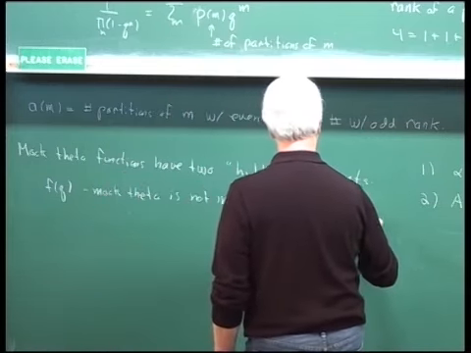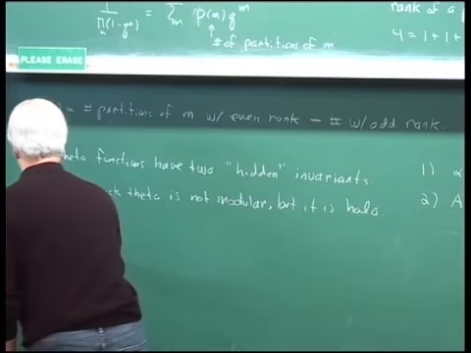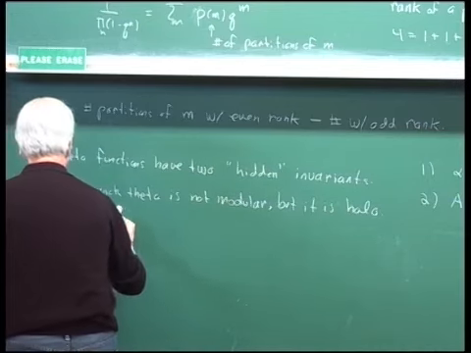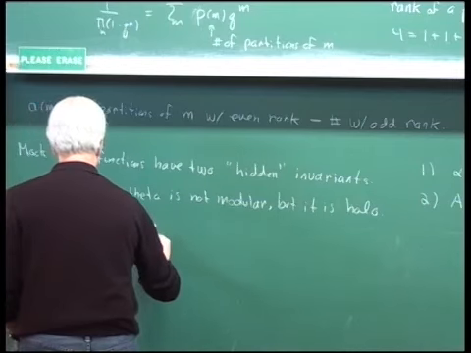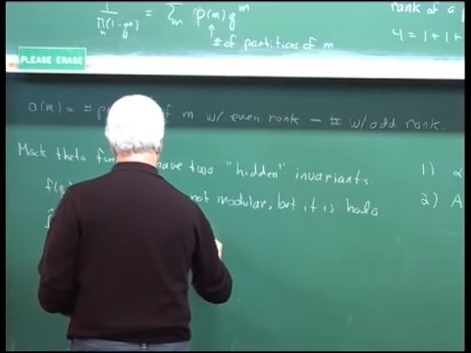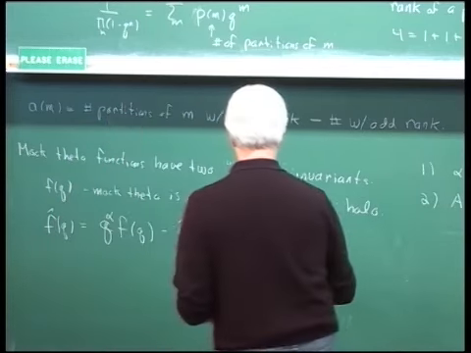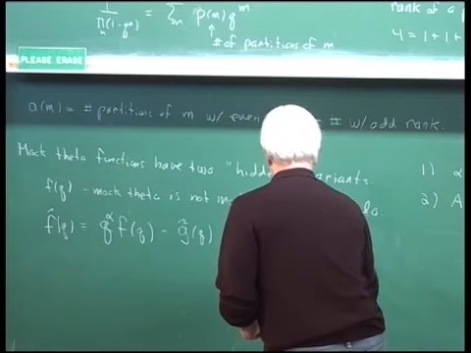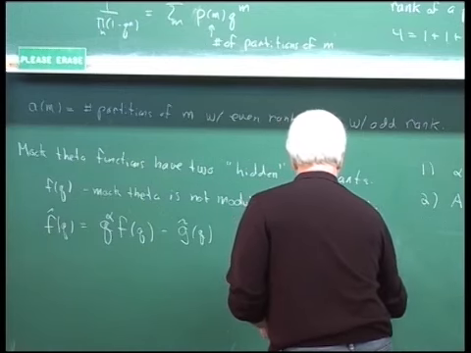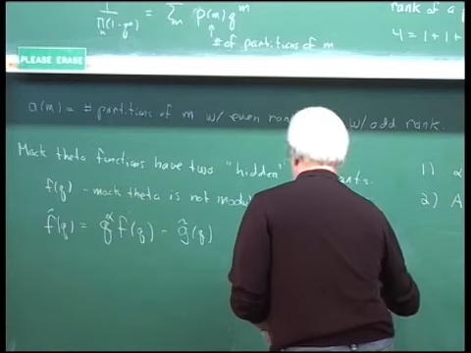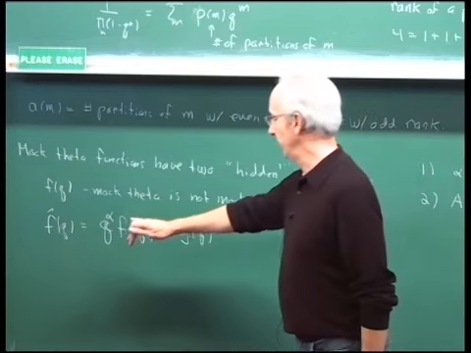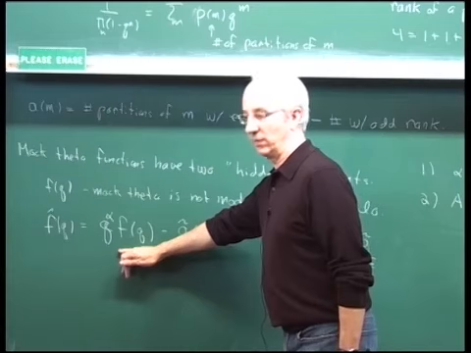But it is holomorphic. On the other hand, there's a guy f hat of q, which is some rational power of q times f of q, plus or minus something I'll call g tilde of q, and there's some factors here which are not so important. The basic idea is this guy is not holomorphic, but if I take d by d tau bar of it, that vanishes on this, which is holomorphic.